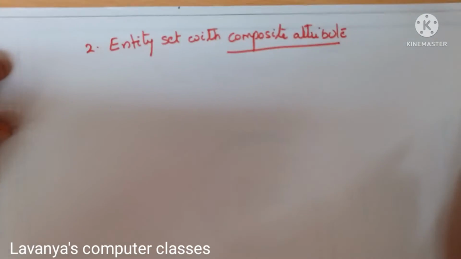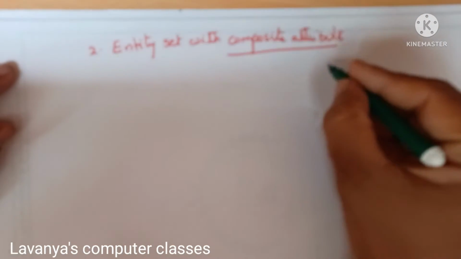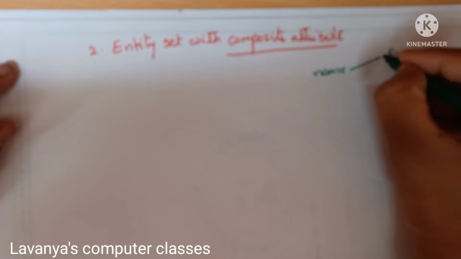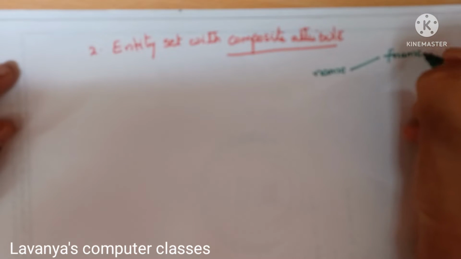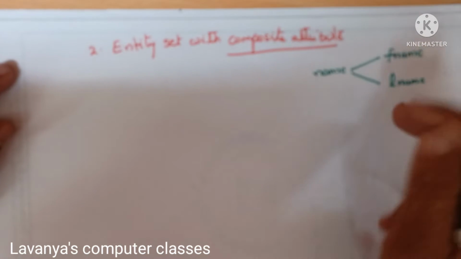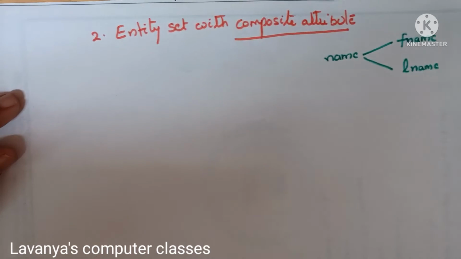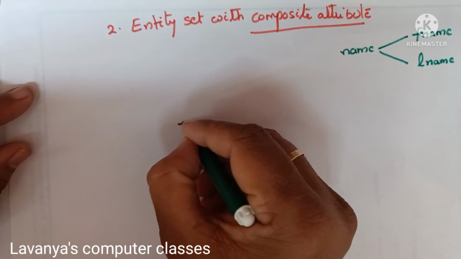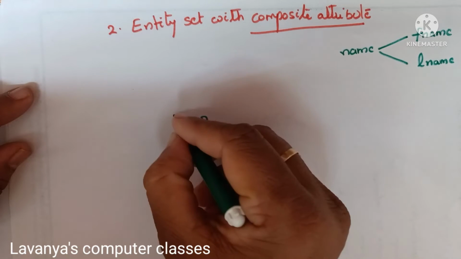Now how do we convert it into tables? What is the meaning of composite attribute? Any attribute that is possible to divide into subparts is known as a composite attribute. For example, name, student name or employee name, any name can be divided into parts like first name and last name. It is known as a composite attribute.